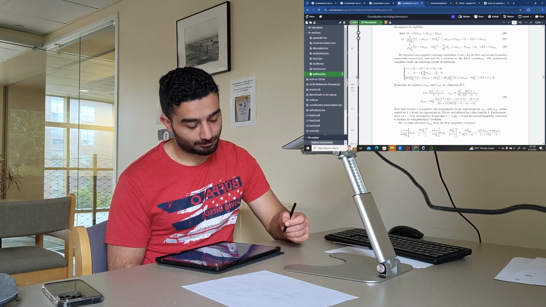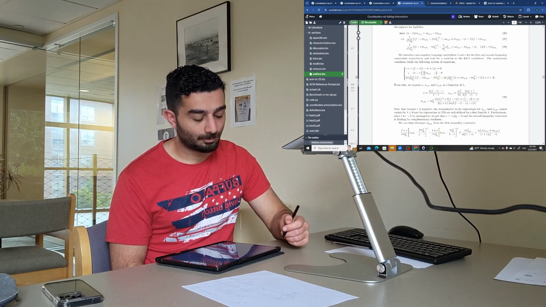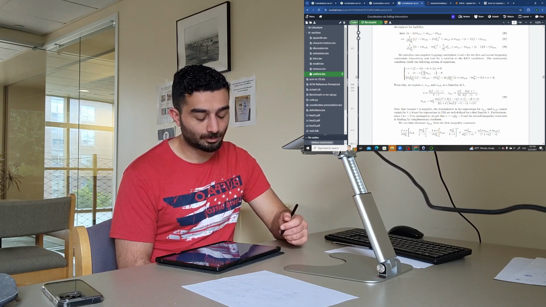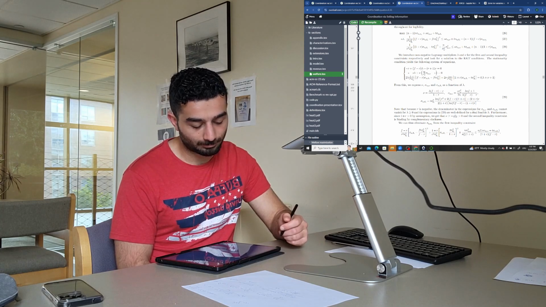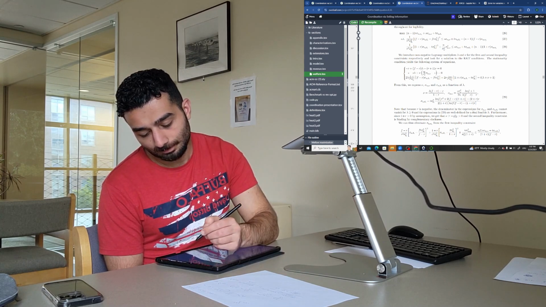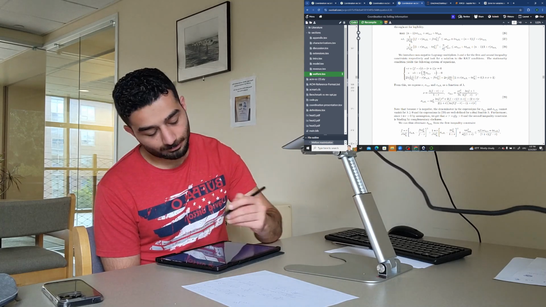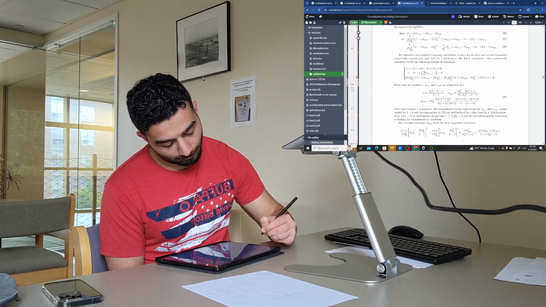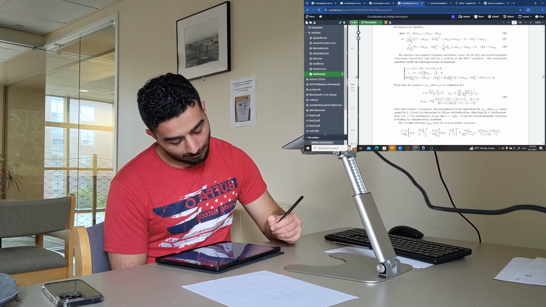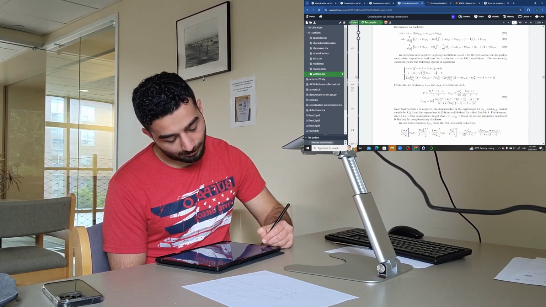N is 1 over f, but there is no r here. That's my problem. Nf is 1 plus f. So you're saying lambda, doesn't make sense.